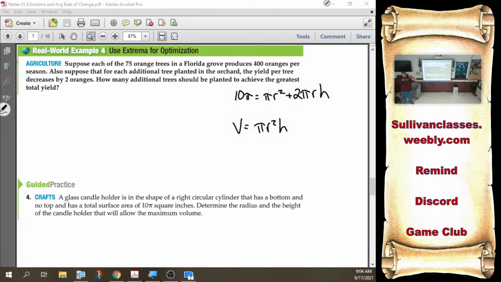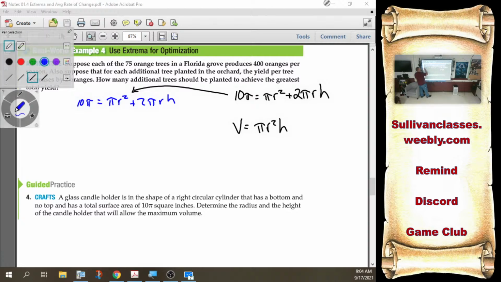Right? Output, input. So how can I get rid of one of the variables? How could I eliminate or substitute one of my variables? Use the substitution or elimination method. Yeah, right? How about I take this, 10 pi is pi r squared plus 2 pi r h.